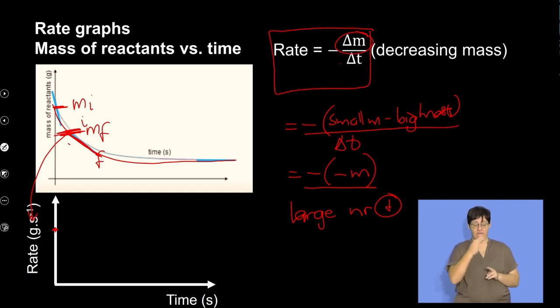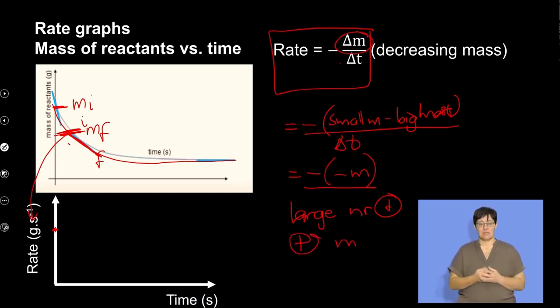Because the final mass is smaller, again we will get a positive number, but a little bit smaller than the first number. So if we do that over time, we will have a plotting point more or less there.